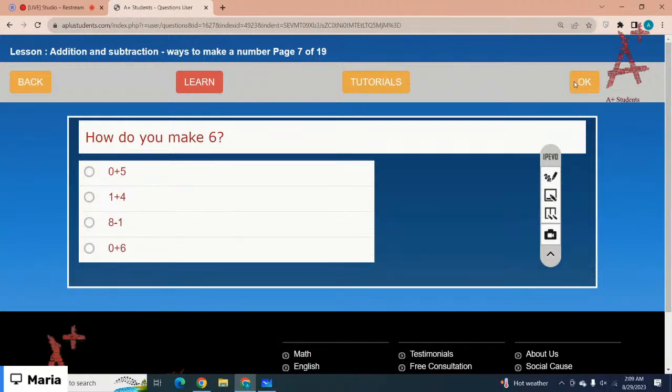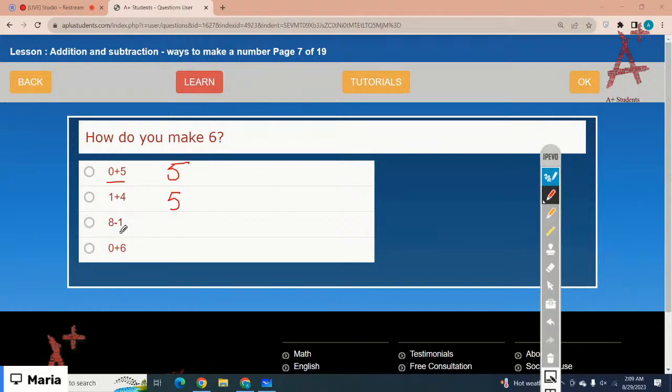Okay, how do you make 6? So which is the correct option? 5 plus 0 makes 5. 4 plus 1 makes 5. 8 minus 1 makes 7.